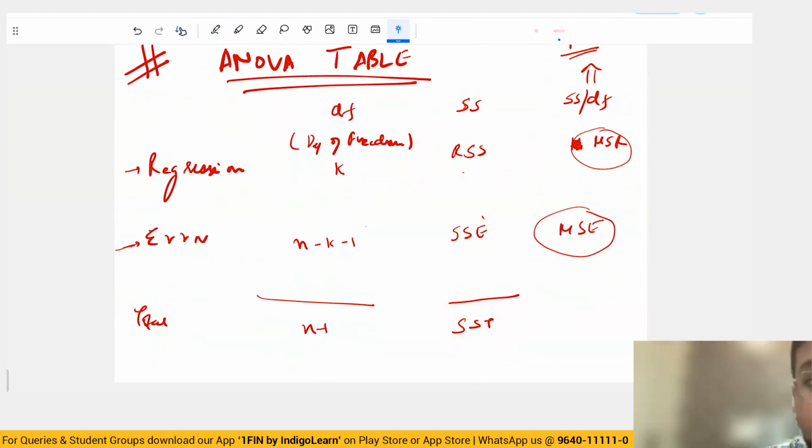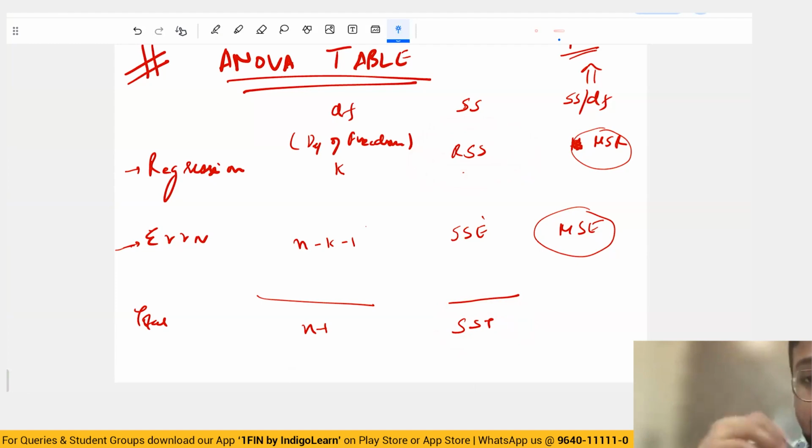Now, why are we doing this? We are trying to understand how much of the total variation can be explained with a given regression model.